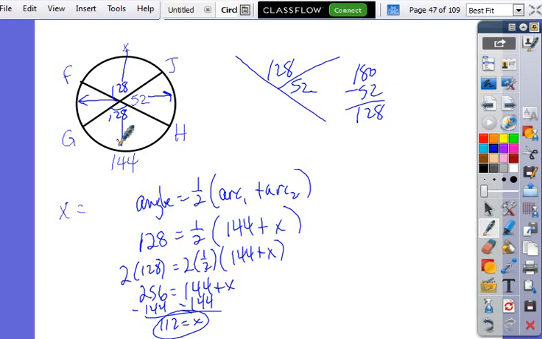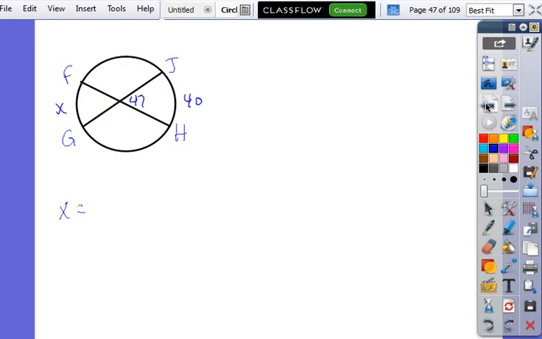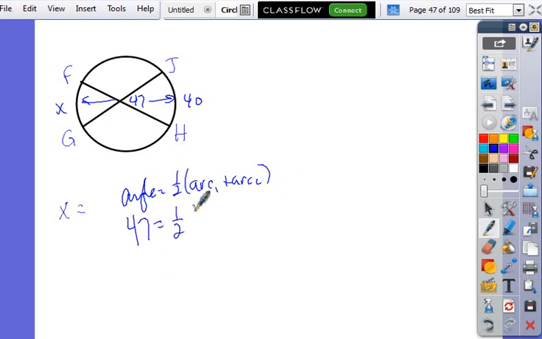All right, if I wanted to solve this one, I know the angle is half of the arc that it makes plus the arc that's vertical. Again, 47 works. It's the one I need because it matches up with the 40 and the x already, so I don't need to worry about the other one. So 47 is my angle. The arc that it makes is 40. The one that's vertical is the x.